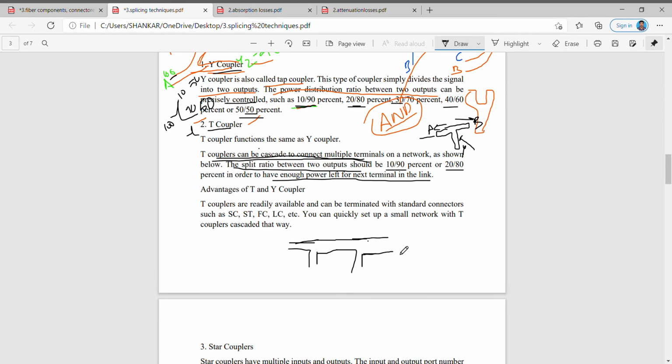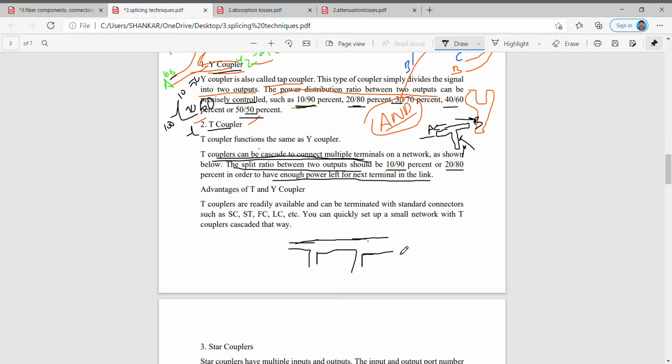The T coupler and Y coupler can be used to design photonic integrated circuits. We can give one input and produce n number of outputs.